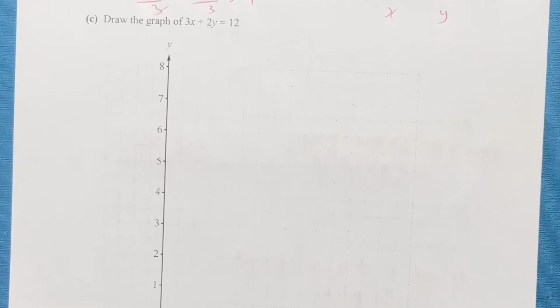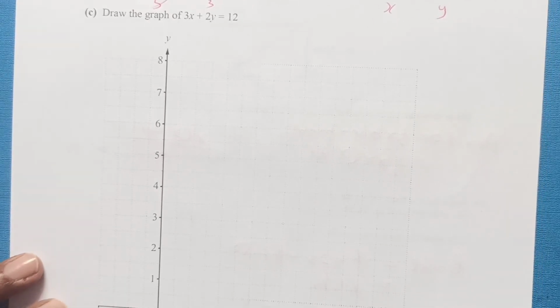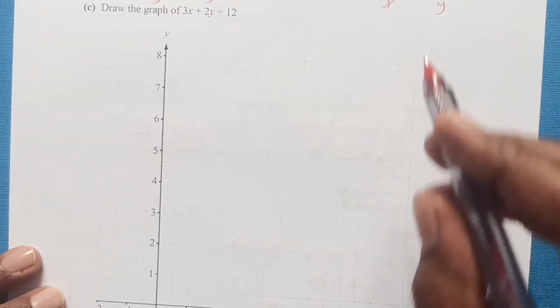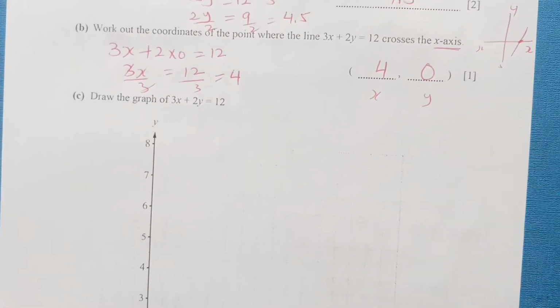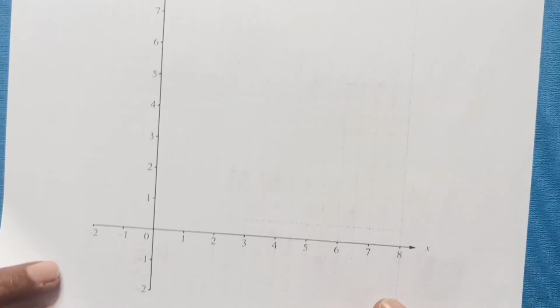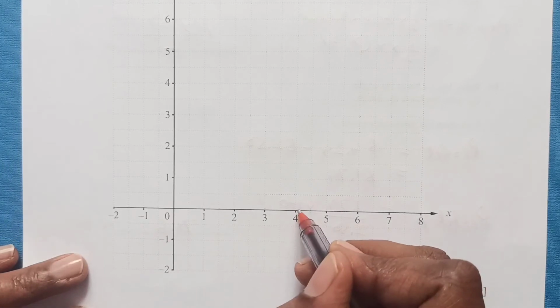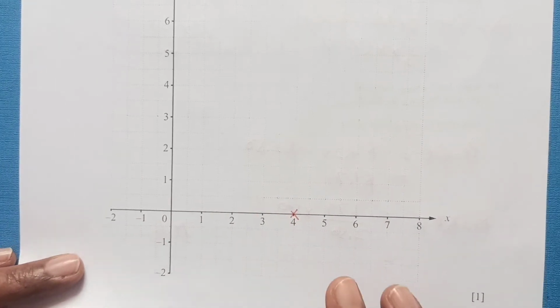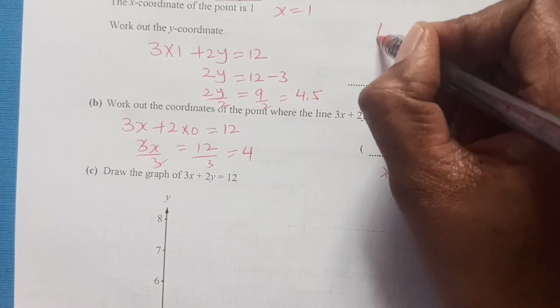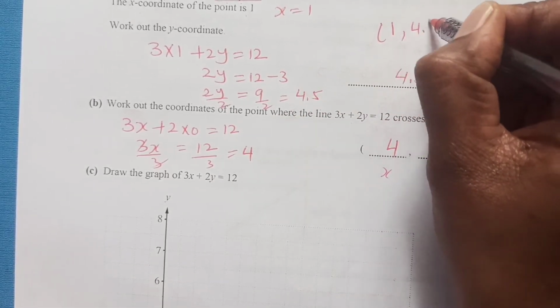Now draw the graph of this. We have already the point. One point we have here, 4 and 0. So x is 4, y is 0. So x4, y0, we have this point here. And then this point here was x1, y4.5.